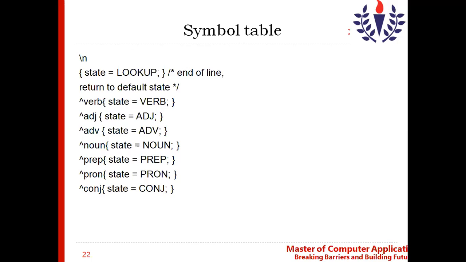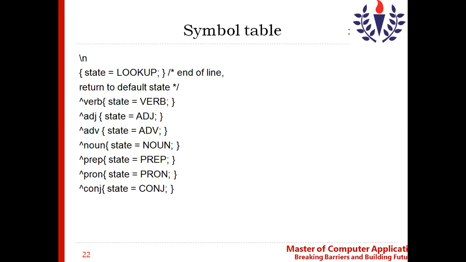Now, the purpose of this statement is: when you have the caret symbol verb and you want to store the words belonging to the type verb, it considers that line and stores all the words following the verb into the linked list. For that, the state is changed to the variable value meant for verb.